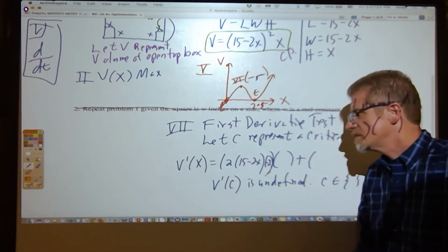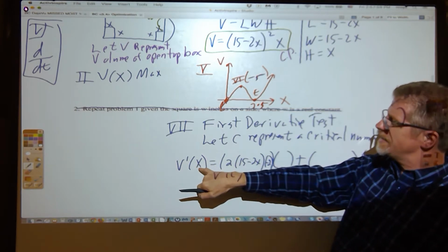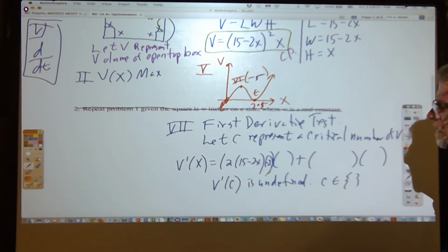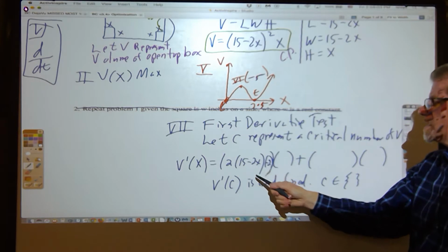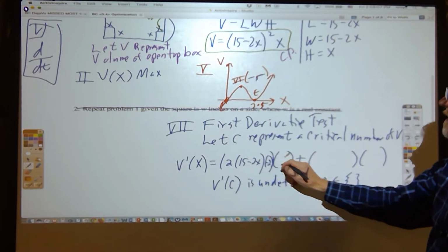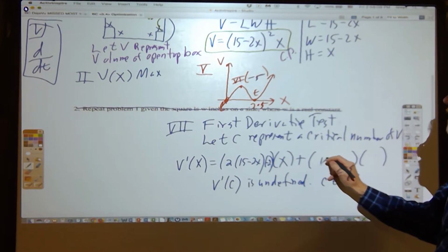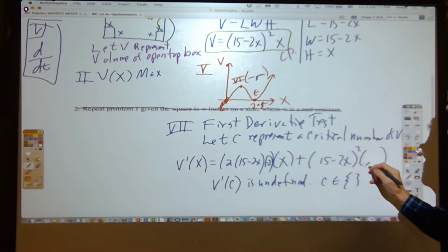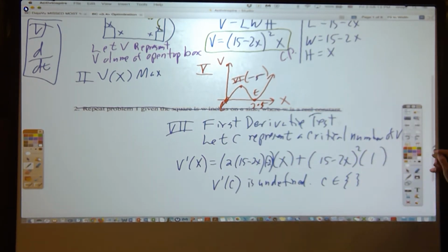We're differentiating with respect to whatever the independent variable is. So it's 2 times 15 minus 2x times -2. So that's the derivative of the first times the second, which is x, plus the first, which is 15 minus 2x squared, times the derivative of the second, which is 1.